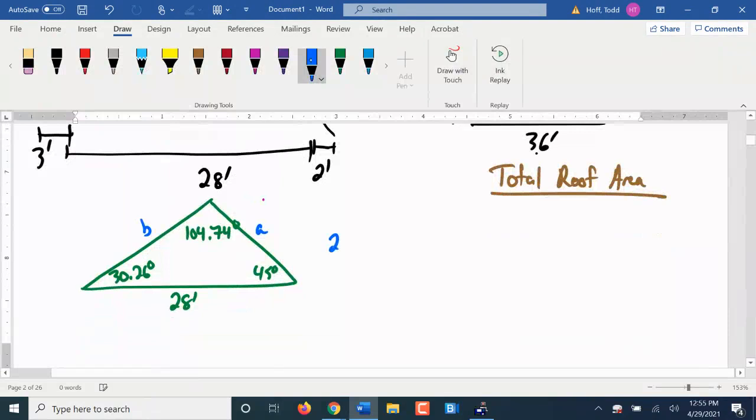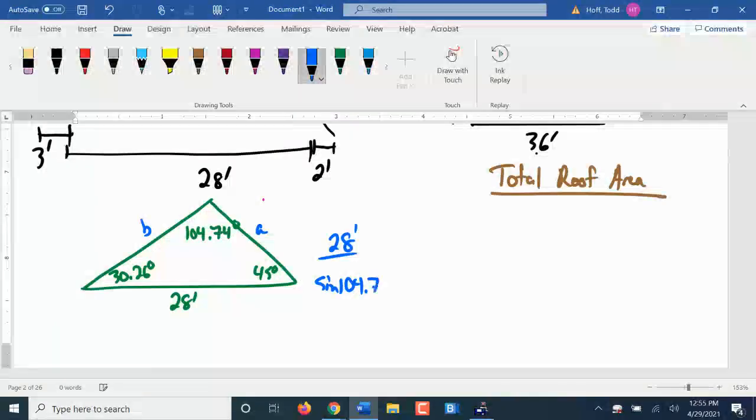I might use my law of sines. I have 28 feet over the sine of 104.74 degrees equals, we'll go A over the sine of 30.26 degrees.